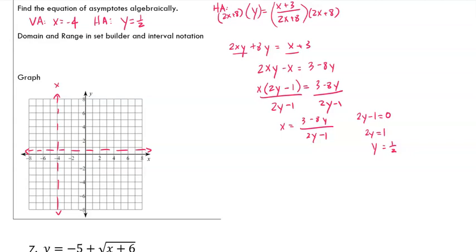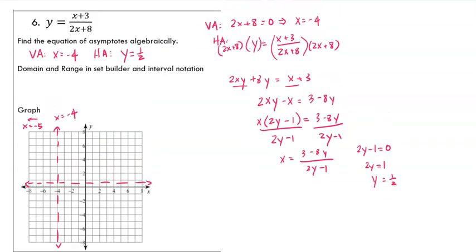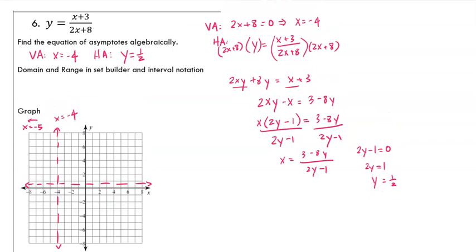Let's test some x values. Pick an x value that is less than -4. So let's go ahead and pick -5. Put it back into the equation. So let x equals -5.